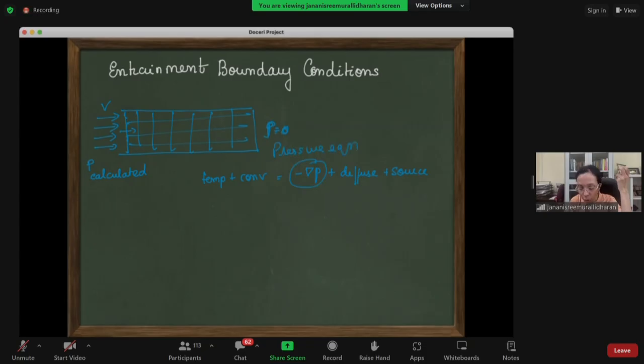So what will happen is you have set up an initial velocity, you can get a guessed velocity, and that will be plugged in so that you will get a pressure to satisfy this overall gradient of outlet pressure minus inlet pressure. So there's some flexibility there, correct? You're not over-constraining the system.